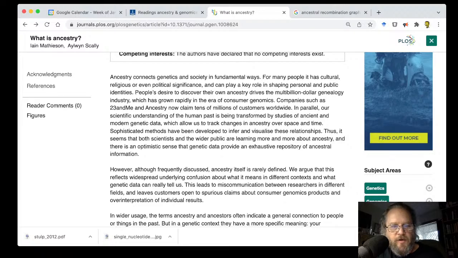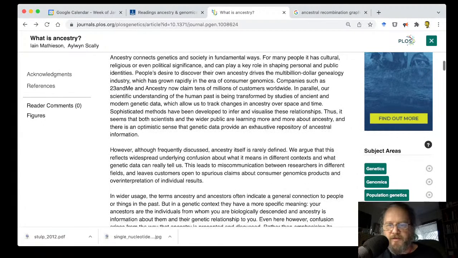Okay, and in parallel, research about the human past is taking advantage of lots and lots of modern genetic data, which allows us to track changes in ancestry over space and time. Okay, I'm not learning much there, so we move from sophisticated methods. These are sort of buzzwords.